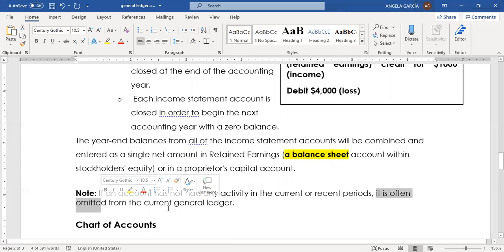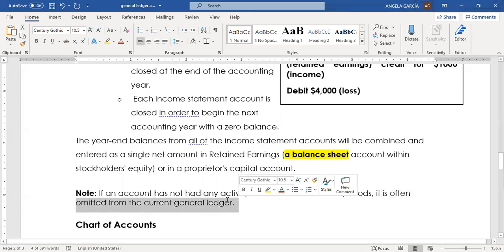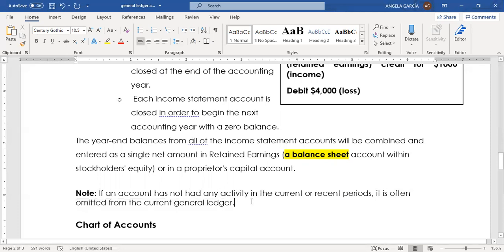Regularmente en un sistema de computadora, si su balance es cero, que no tiene movimiento, usted le dice que le omita los ceros. Es cuestión de que usted le diga al sistema qué usted quiere ver y qué usted no quiere ver.